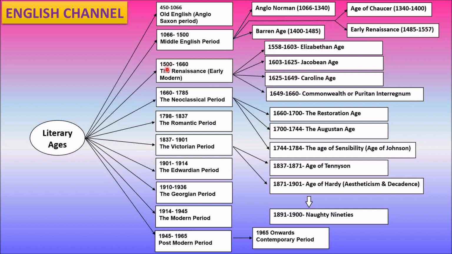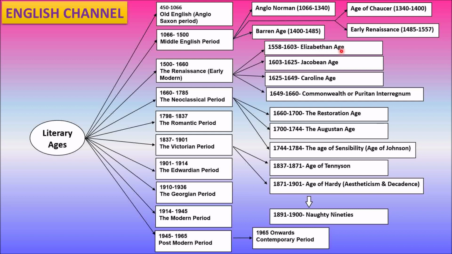Then begins the Renaissance or early modern, 1500 to 1660. So friends, remember this time period. The Renaissance, early modern. This age can be divided into four parts: 1558 to 1603, of course, the Elizabethan age. The great Queen Elizabeth, the greatest writer William Shakespeare, Marlowe.